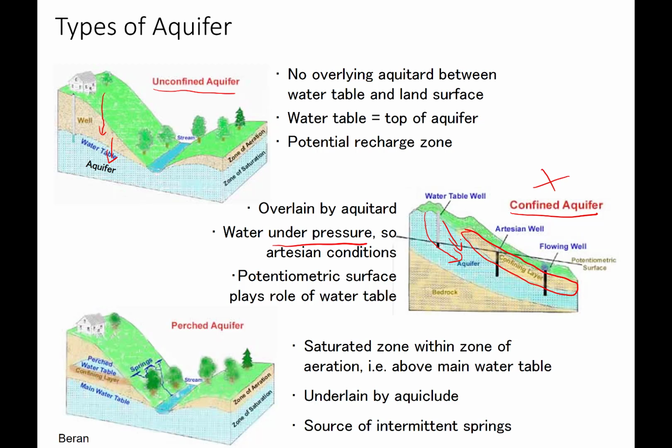And in fact, the term artesian spring comes from the fact that it is groundwater that is coming out of the ground from a situation where the water's been under pressure. So in other words, it comes out very rapidly. Putting in a well that spews out water would be an artesian well.